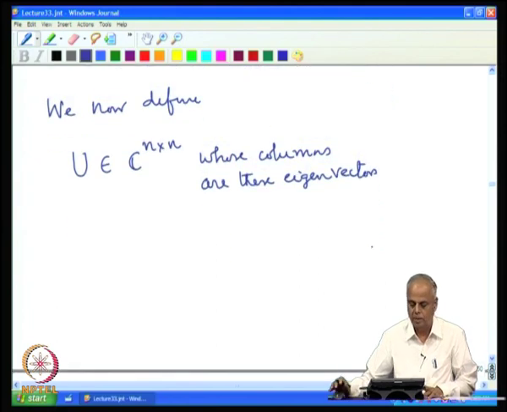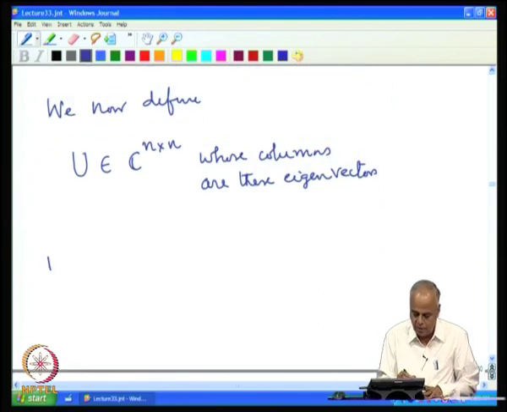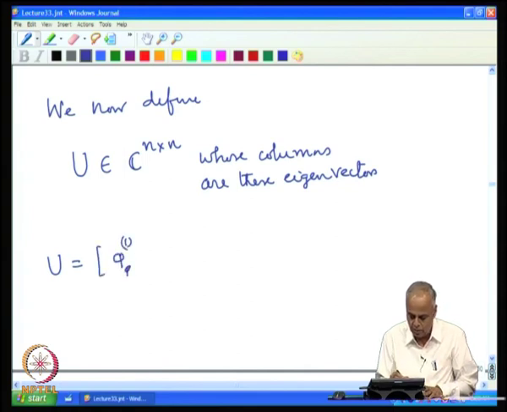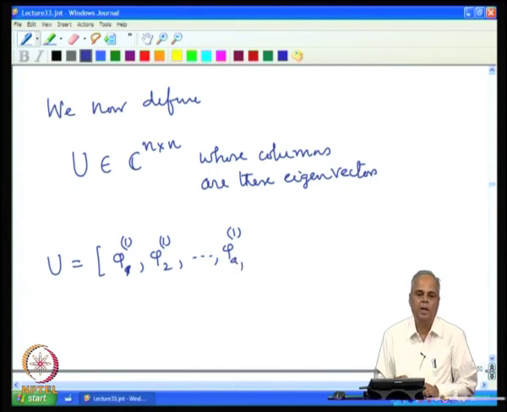What do I mean? We construct the matrix U: the first A1 columns are the orthonormal eigenvectors corresponding to the eigenvalue lambda 1.